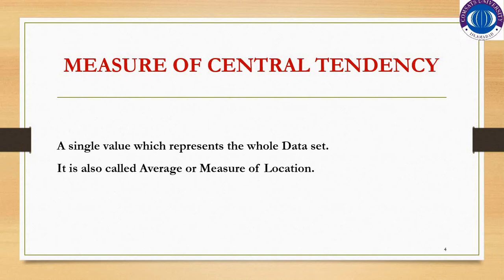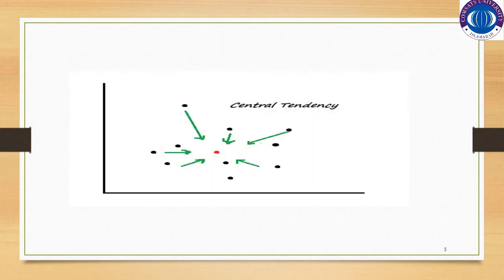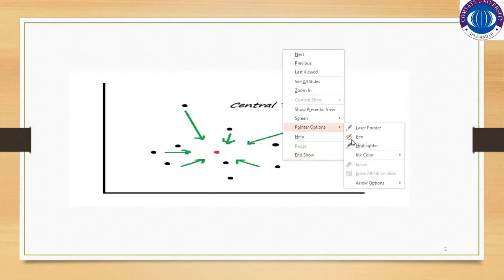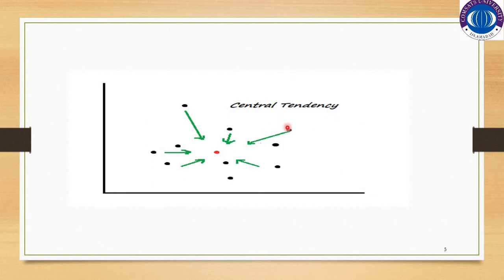So basically a single value which represents the whole data set is called an average, and this is the situation. Let's suppose these are the data points. All these in black colors are the data points in your data set. This is point number 1, point number 2, point number 3, and all are some numerical values.